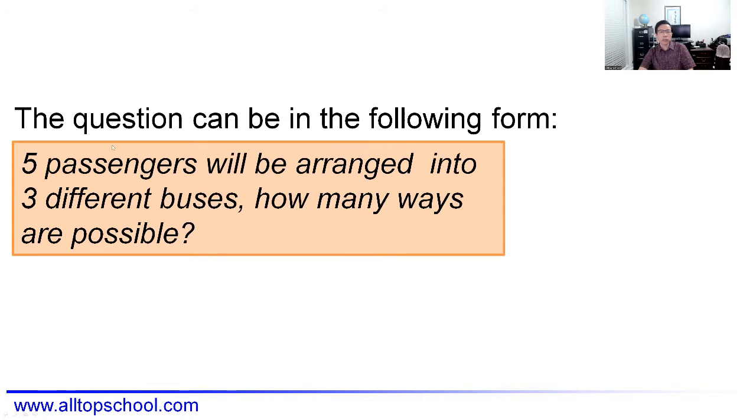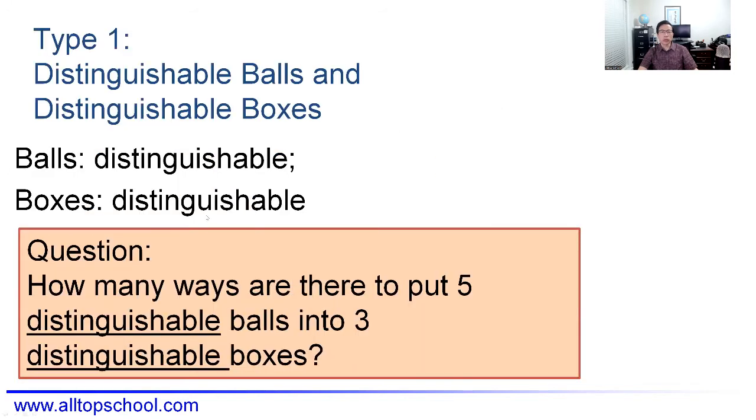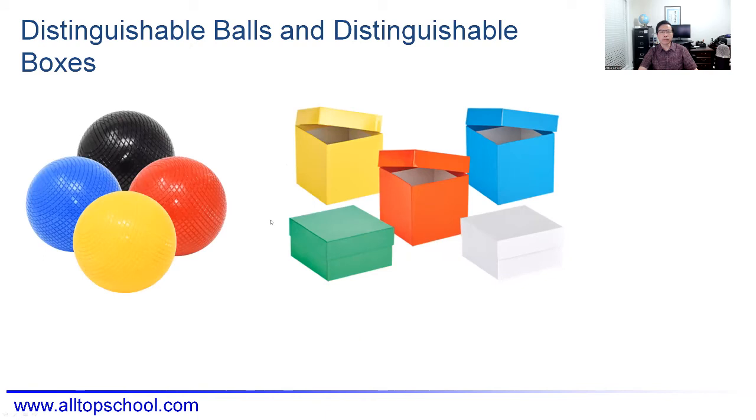That's why these passengers are treated as balls and the buses are treated as boxes. So these are distinguishable balls put into distinguishable boxes. These are the actual problems we're going to solve. The balls and boxes are just the model.